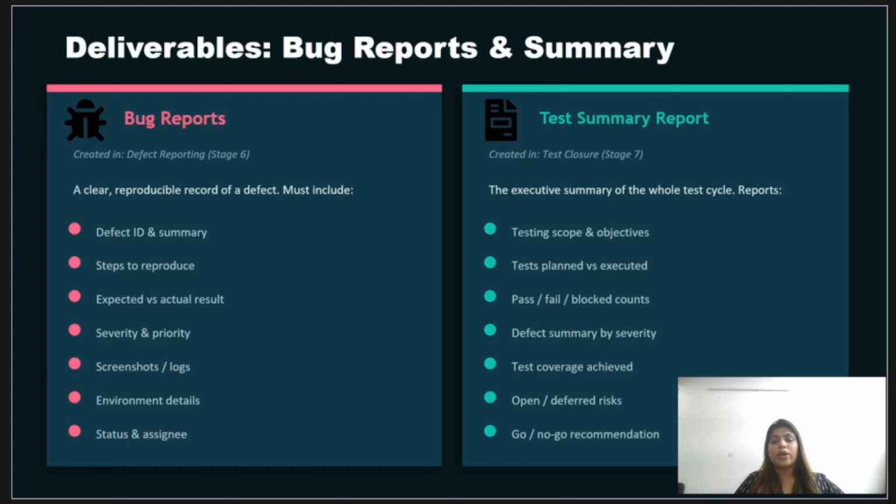And this is where QA demonstrates its value. Good metrics in a clear summary report can show management exactly what the testing effort accomplished and give them the information to make the release decision. Remember, we provide the information, but the stakeholders make the call.